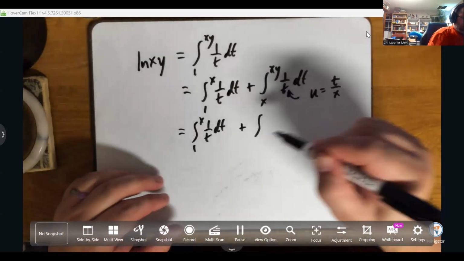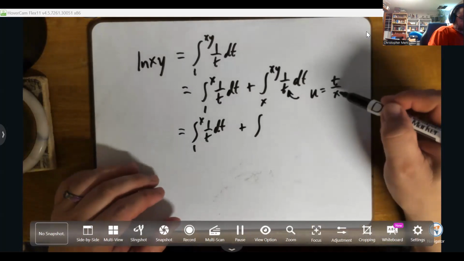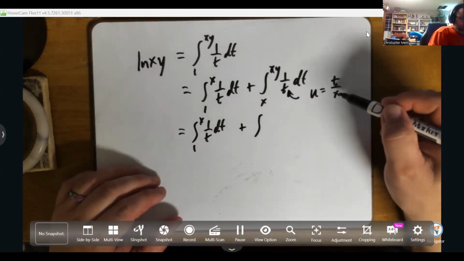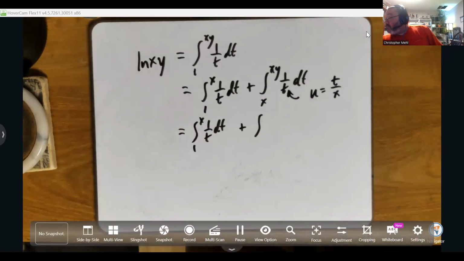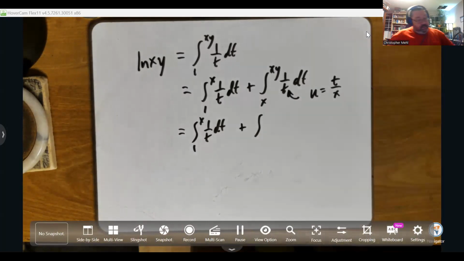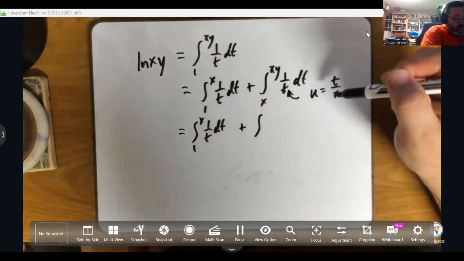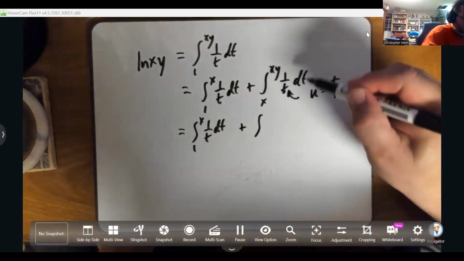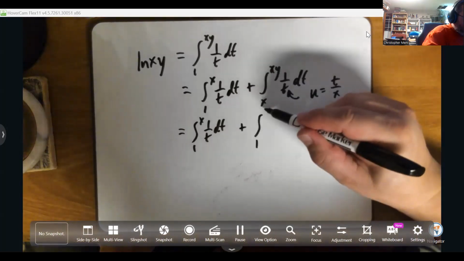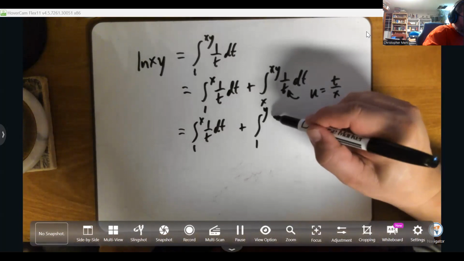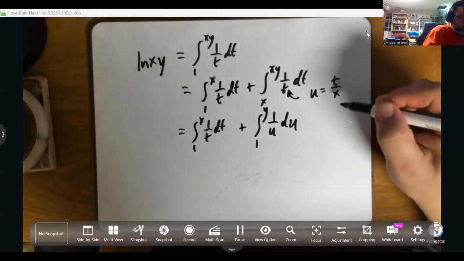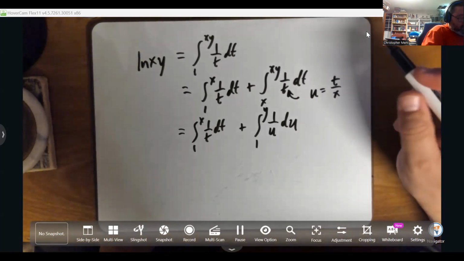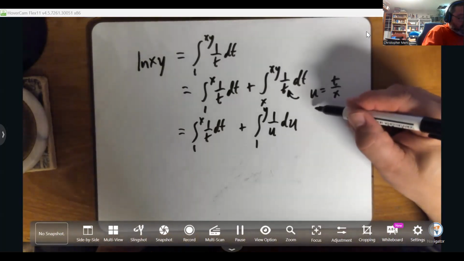And then if u is t over x, the second integral becomes the integral from 1 to y of 1 over u du.